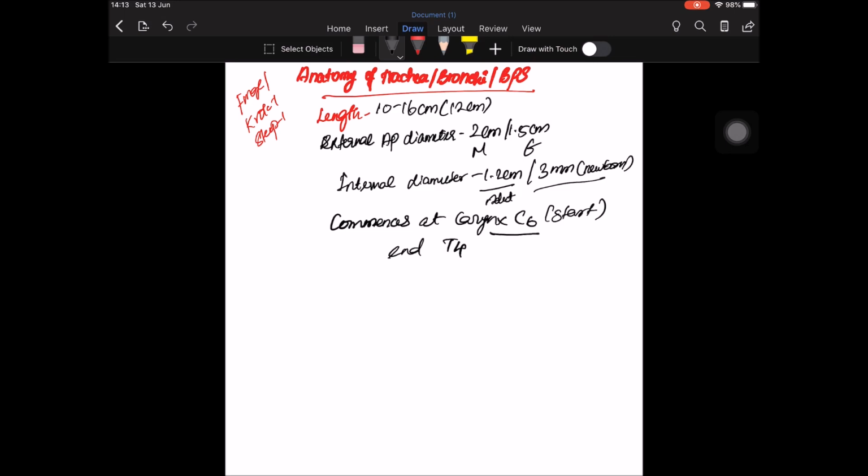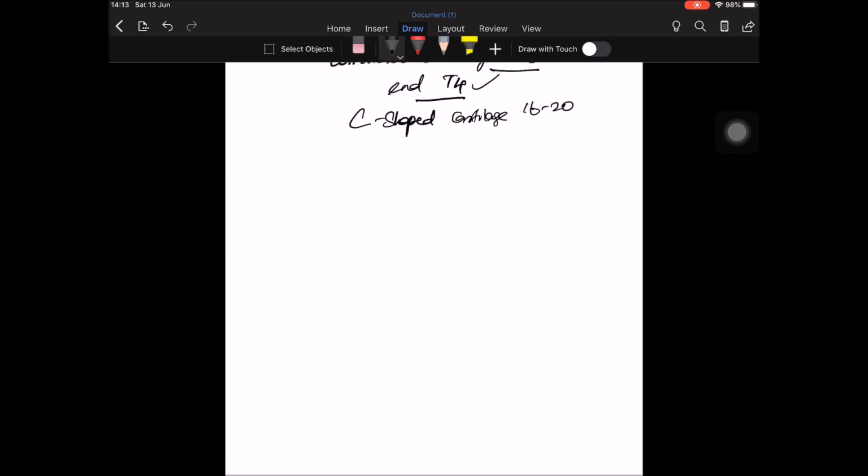It starts at the C6 level of the cervical vertebrae and ends at the T4 vertebra, where it bifurcates at the lower border of T4. Also, the trachea is made of C-shaped cartilages, 16 to 20 in number, which you can palpate in the anterior part of the neck.